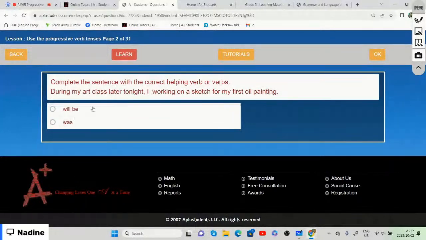During my art class later tonight. So later tonight are the words that we need to look at.